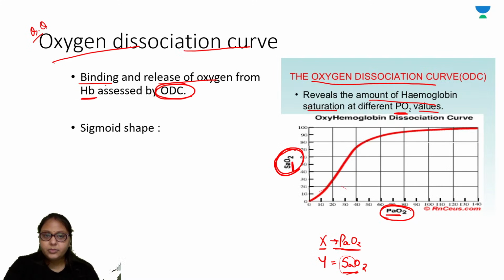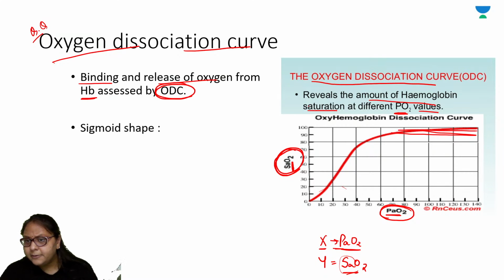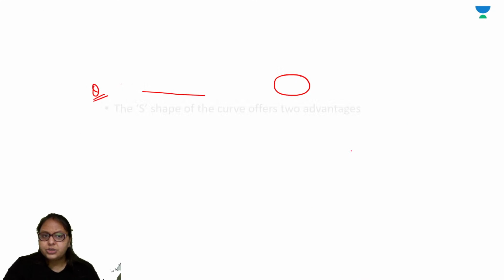Now you will see the upper part is flat, and as we go lower that is the steep portion. So see, up to 60% saturation it is almost flat. There is not much decrease in the saturation with a drop in the partial pressure of oxygen in the arterial blood.